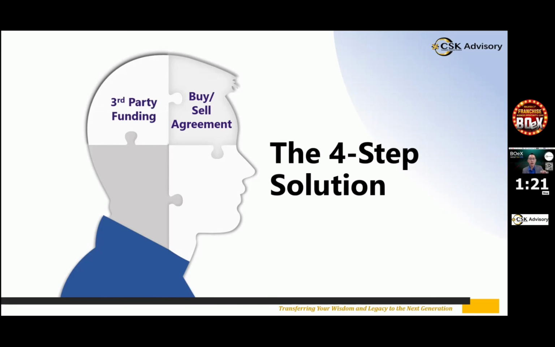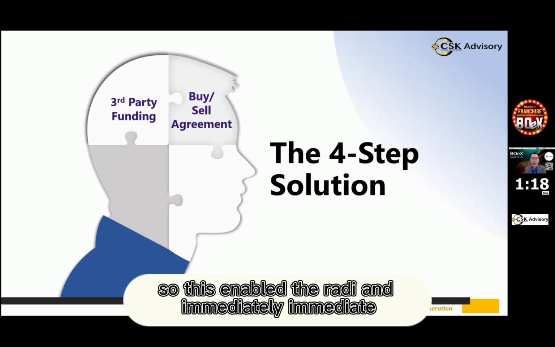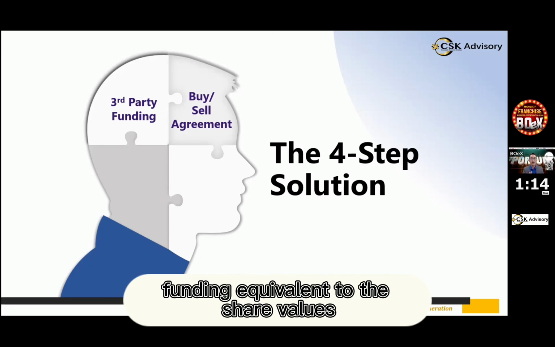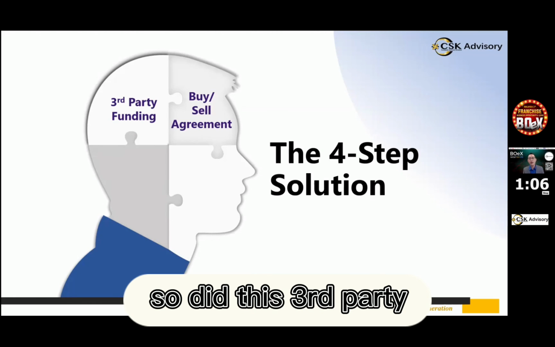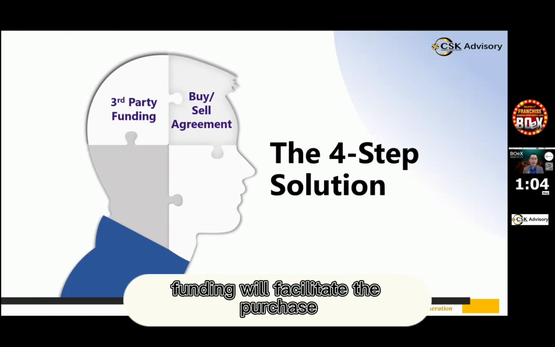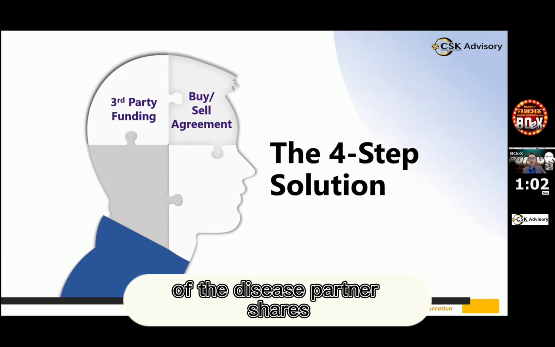And number 2, third-party funding. So this enables ready and immediate funding equivalent to the share values of the partners upon the demise of any of the partners. So this third-party funding will facilitate the purchase of the deceased partner's shares.